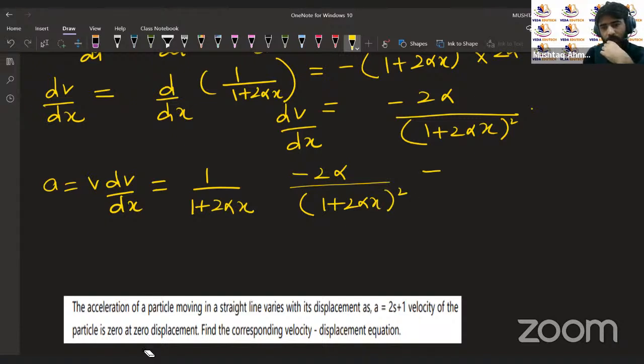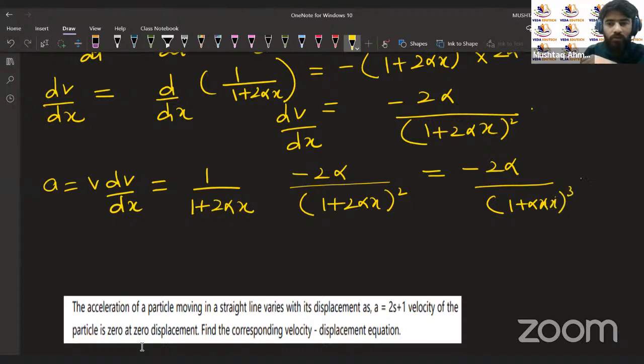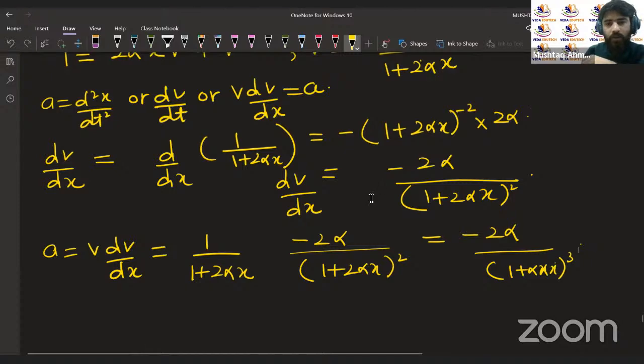So we'll be left with minus 2 alpha upon (1 plus 2 alpha x) cube, right?